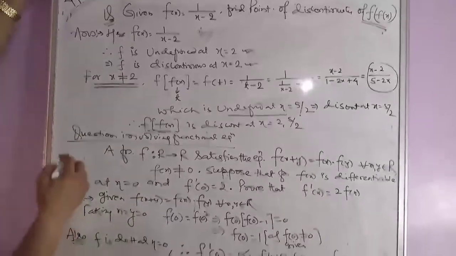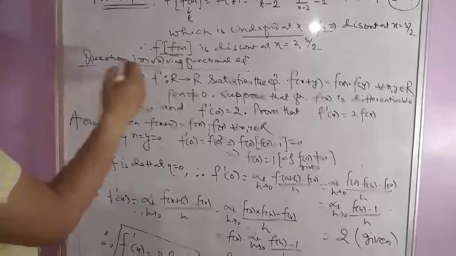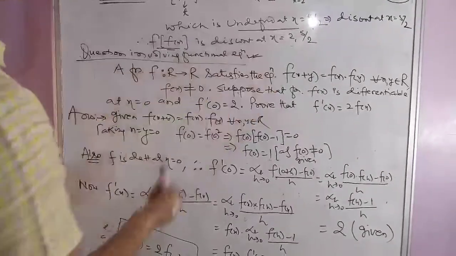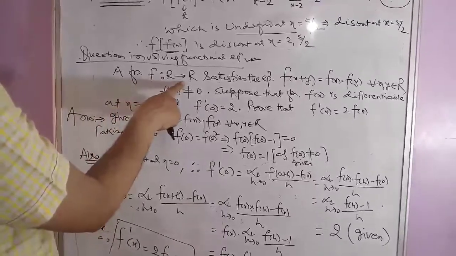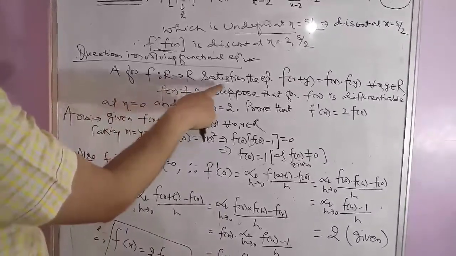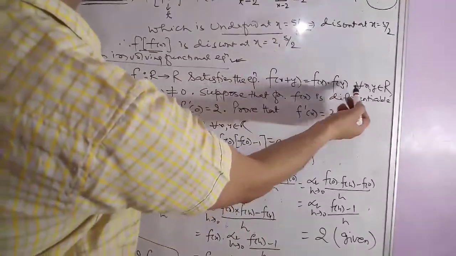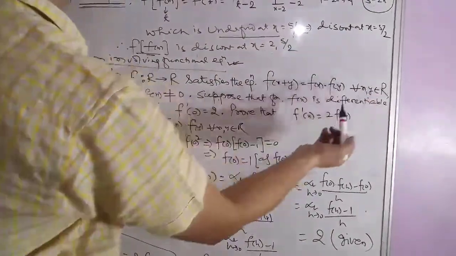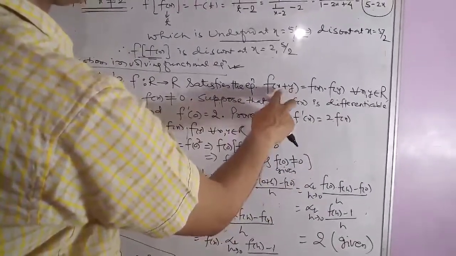Next, we take a question involving a functional equation. Here, a function f from R to R, a real valued function, satisfies the equation f(x plus y) equal to f(x) into f(y) for all x, y belonging to R. Here x and y may be any real number.